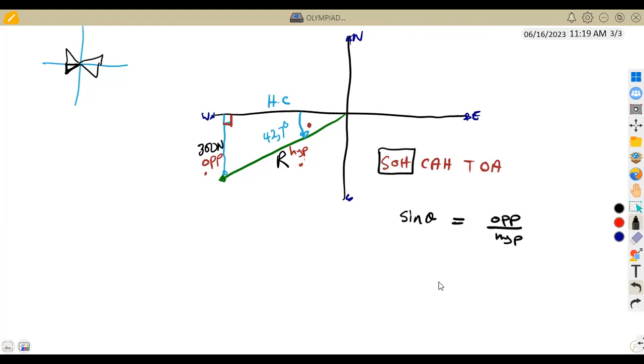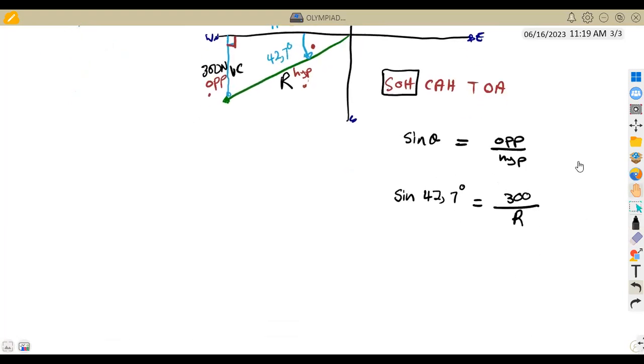The sine of angle theta, which is 42,7 degrees, is equal to the opposite, which is the vertical component you are given, 300, over the hypotenuse, which is the resultant that we want to calculate, R.